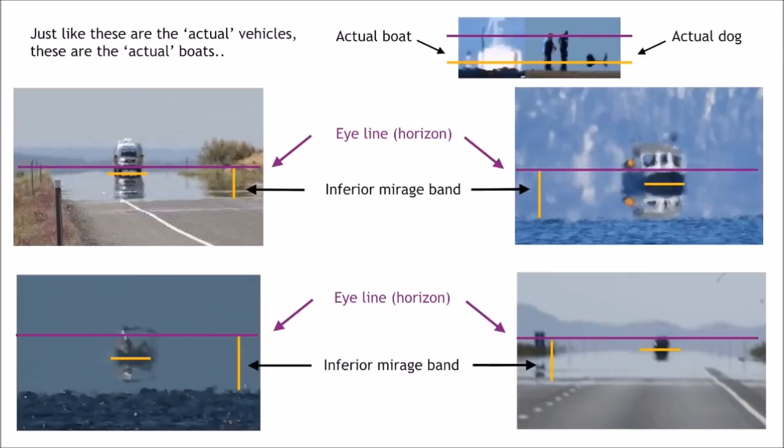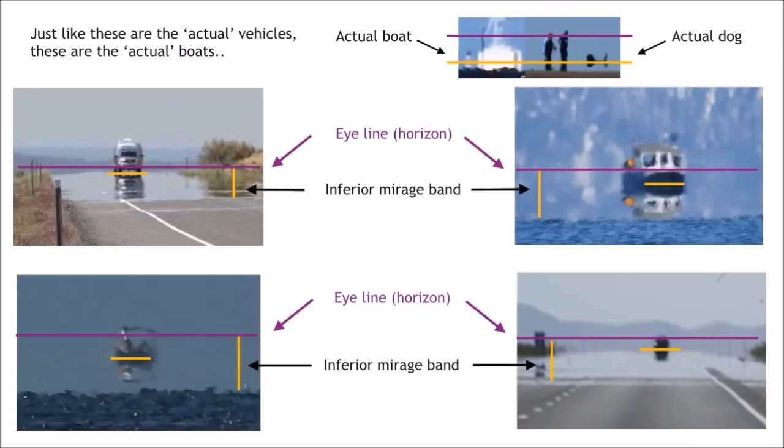And you can see the bottom of the inferior mirage where it intersects the camper where it starts to invert. That's just, again, a false horizon line. That's just the inferior reflection point of that object.